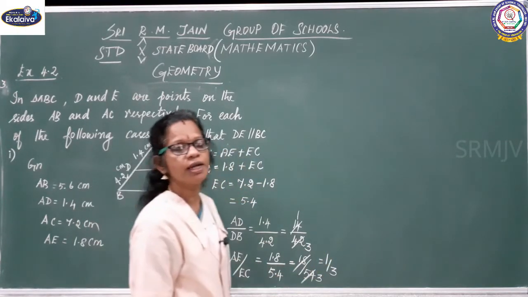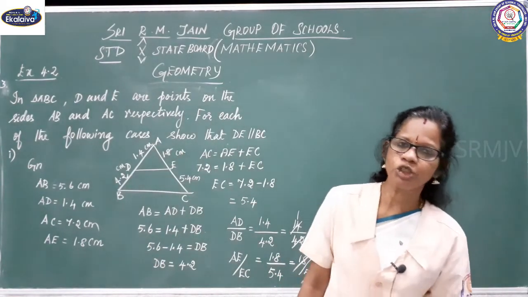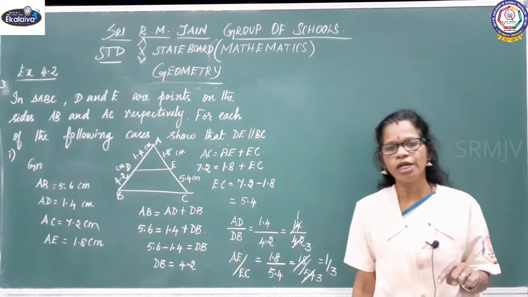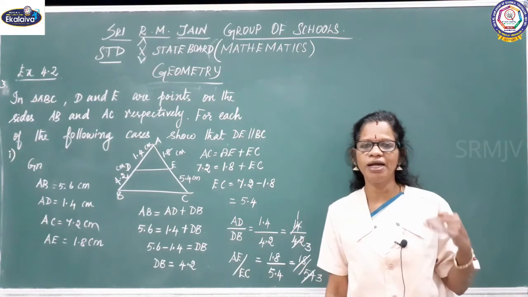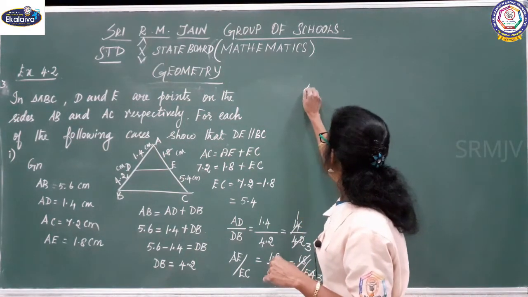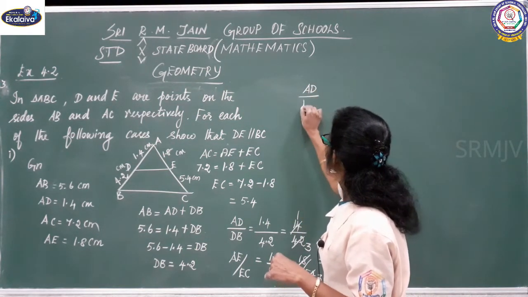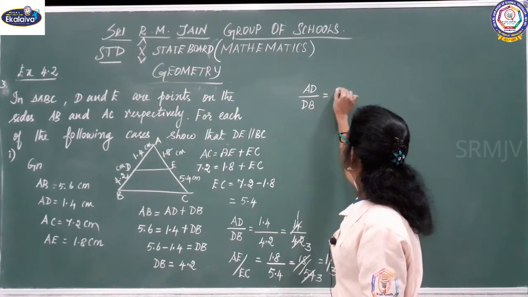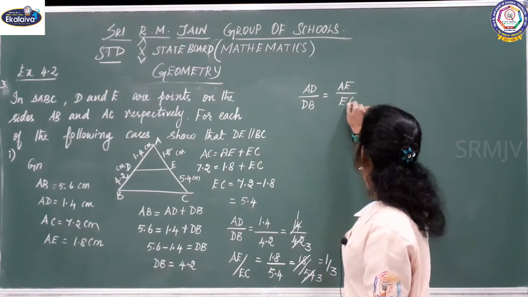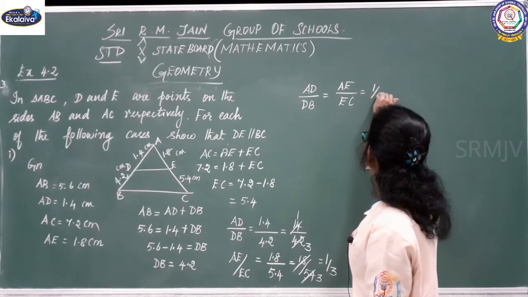The BPT theorem says if the line is parallel, the ratios are equal. How are you denoting the ratios? AD by DB equal to AE by EC equal to 1 by 3.